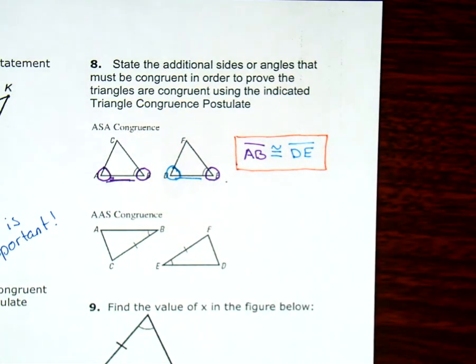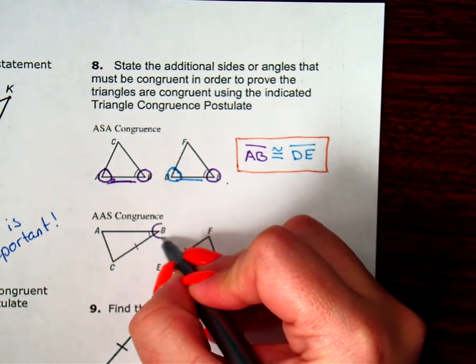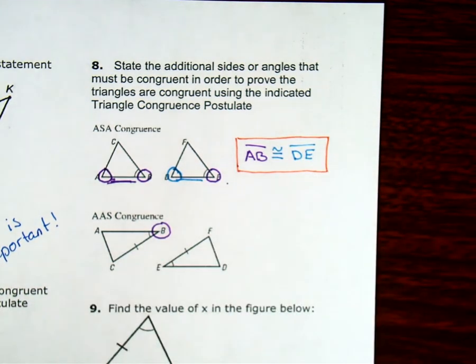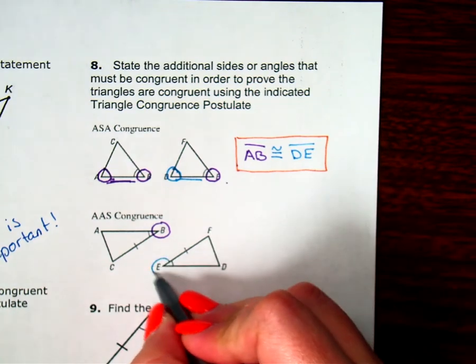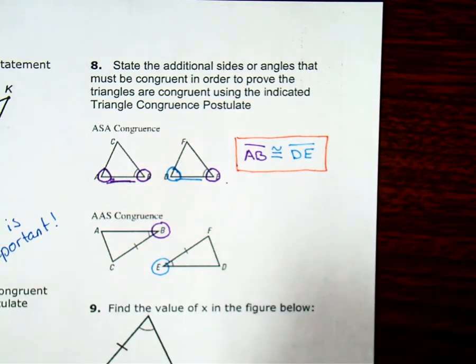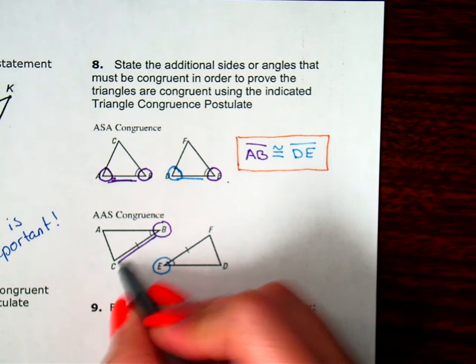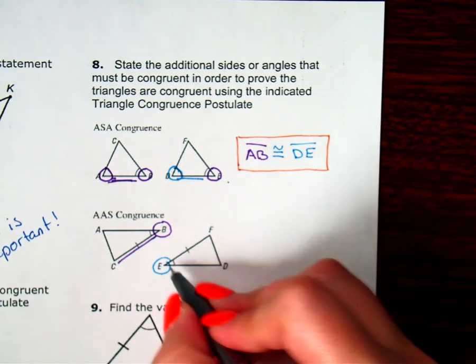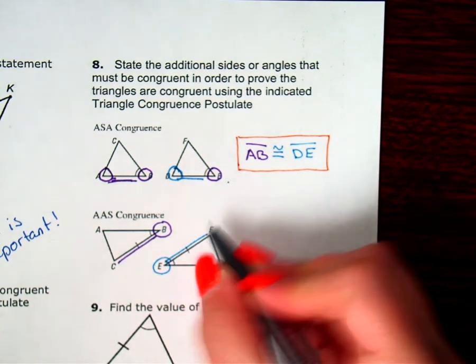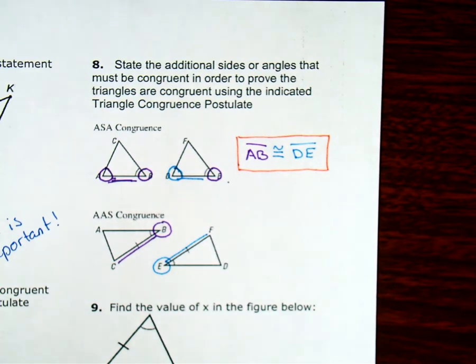Okay, for the next one, angle, angle, side congruence. So I have angle B is congruent to angle E. I have side BC is congruent to side EF. And that's all I've been given.